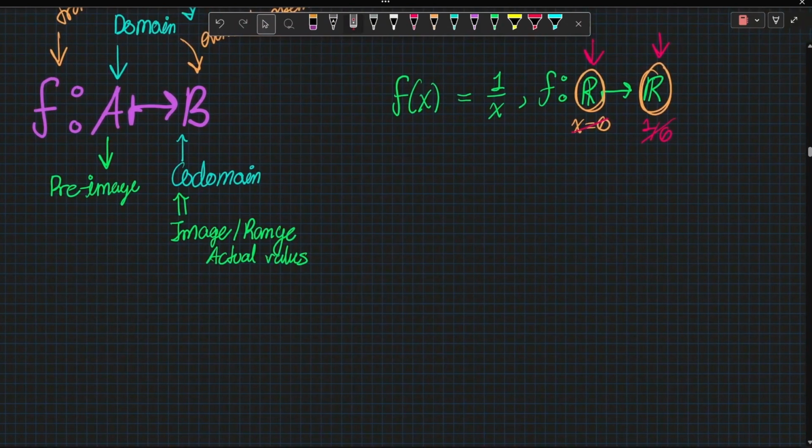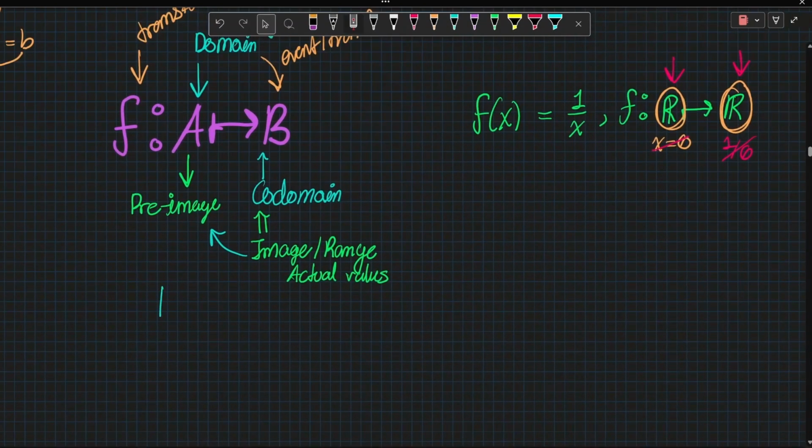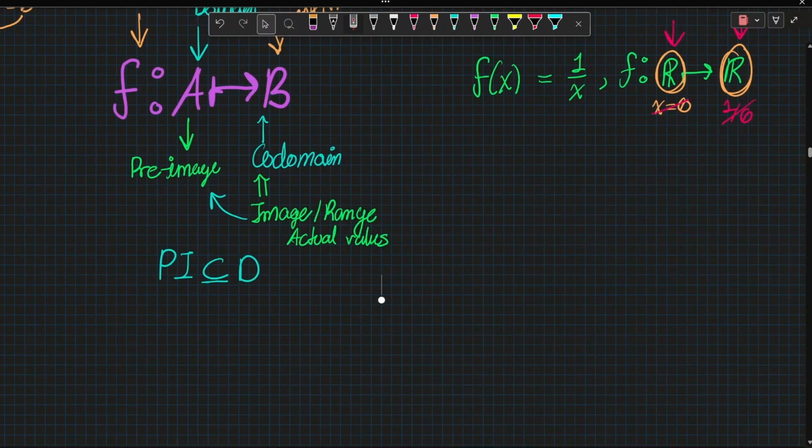In terms of the image, you analyze from the image to the pre-image. So the pre-image, we'll say PI, is a subset, and it's always a subset of the domain. And the image is a subset of the codomain.